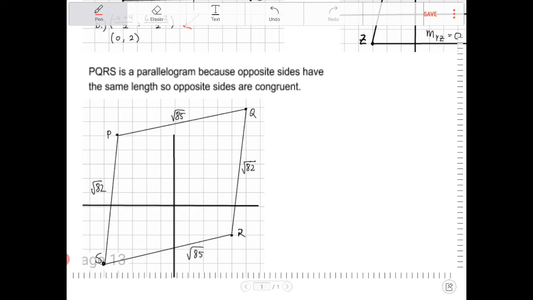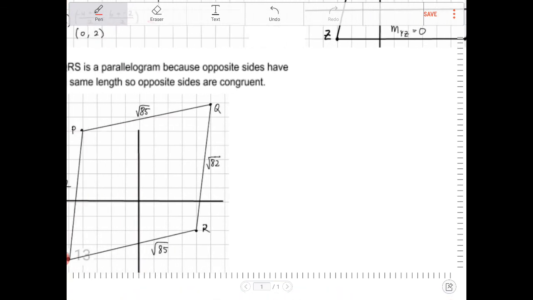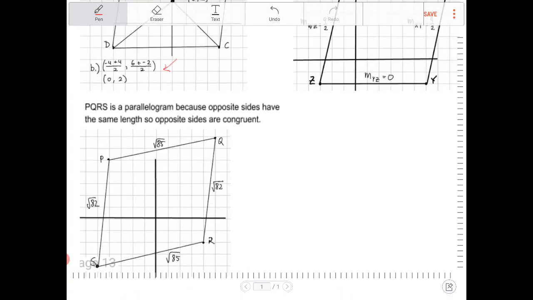A lot of times it is way more convenient to apply the Pythagorean theorem over the distance formula, just because of the amount of things we have to take into consideration, like square roots and squaring things. It is a lot more convenient to write things using the Pythagorean theorem rather than the distance formula. And that's pretty much it. So yeah.